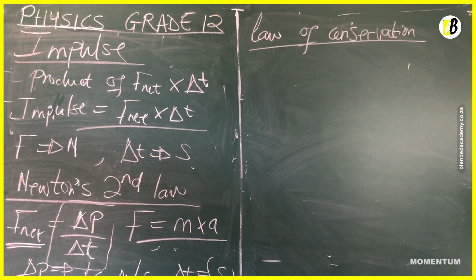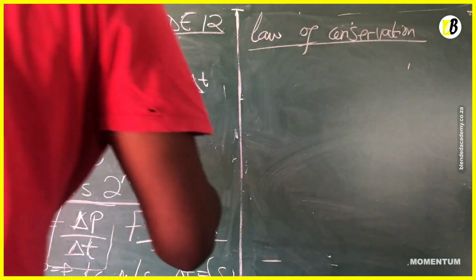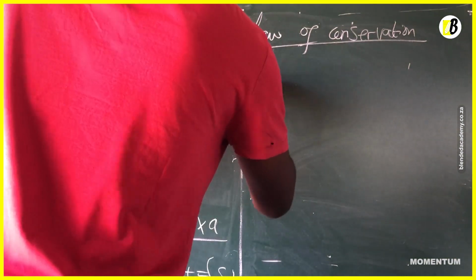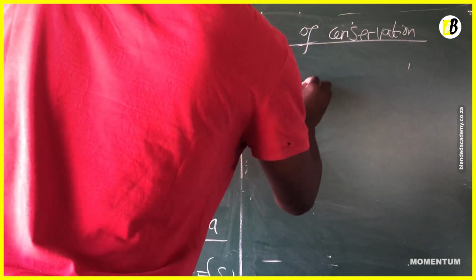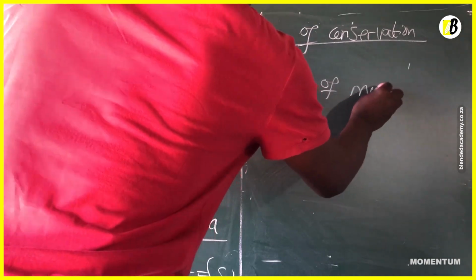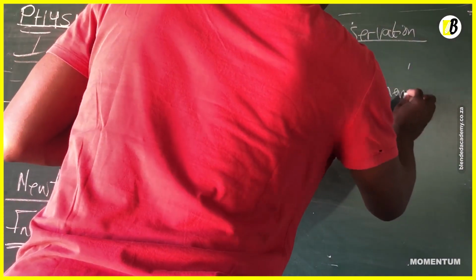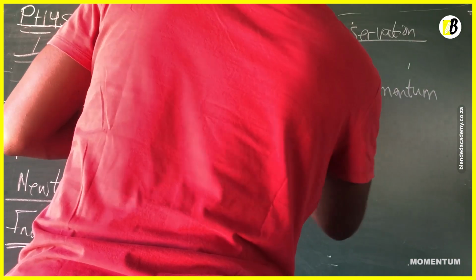And then the last concept that I'm going to look at before we can do any examples is the concept of change of momentum. That's the last one that we're going to be looking at before we can do examples and apply this concept to different problems.